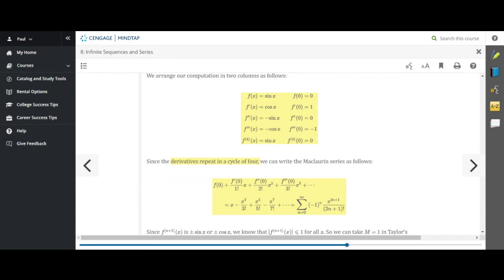The pattern gives us the power series, the summation from n equals 0 to infinity of -1 to the nth power, which handles the oscillation, times x to the 2n plus 1 power, because you have odd powers, over 2n plus 1 factorial, because the factorials are odd. Are there any questions on how they get the power series?